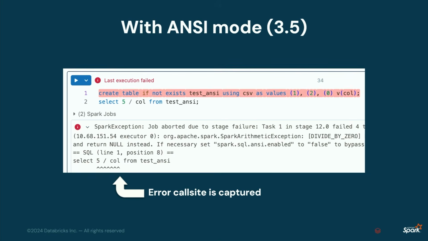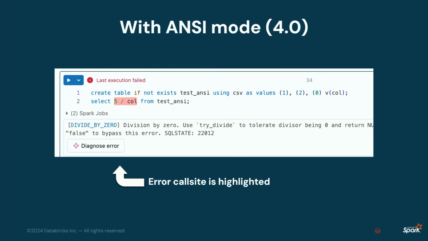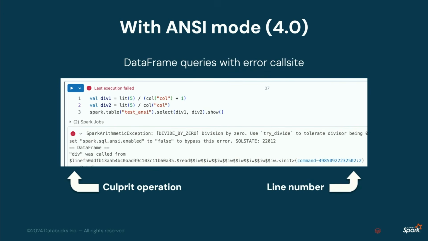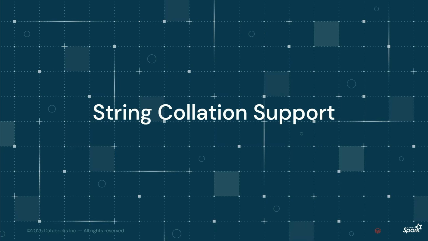Whereas with Spark 4, with ANSI mode enabled, it will throw an error as per the SQL standard. And in Spark 4.0, the error messages are cleaned up, so they're actually easy to read, and they give you the source location of what happened.